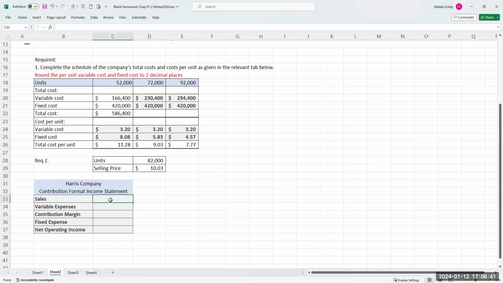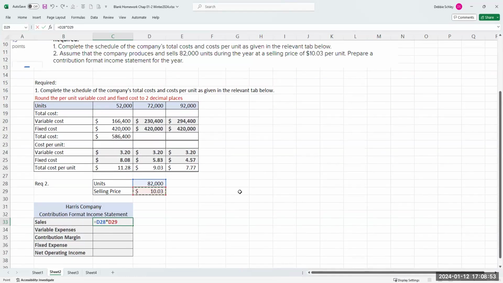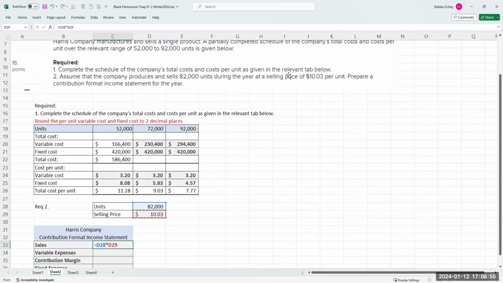Okay, so sales, how do we calculate sales? Sales is calculated by the number of units they told us they're going to sell multiplied by the selling price that they told us. And if you'll recall, I got it right there in required 2. That's where I got those two numbers from. Okay, so there's my total sales.